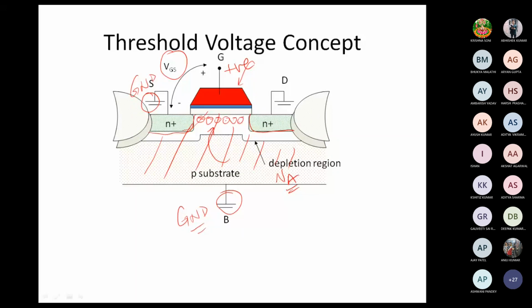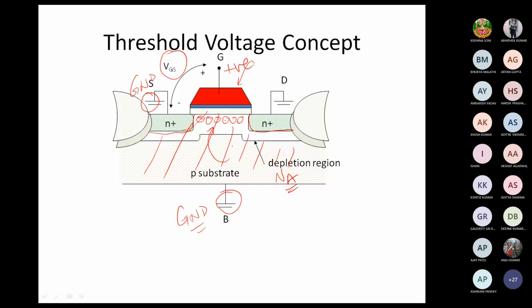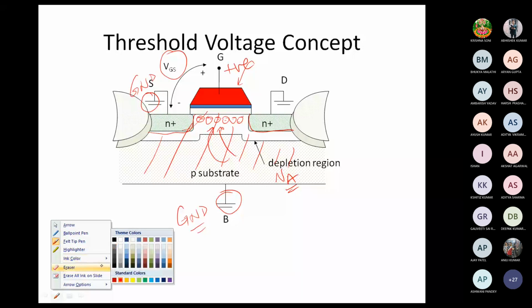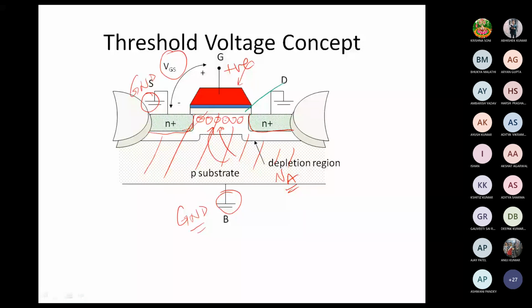The electrons cannot cross this region because in the middle we have the oxide. This is silicon dioxide insulator which separates the gate from the channel region, or substrate region. So these electrons just stay here at the interface of silicon dioxide and silicon.